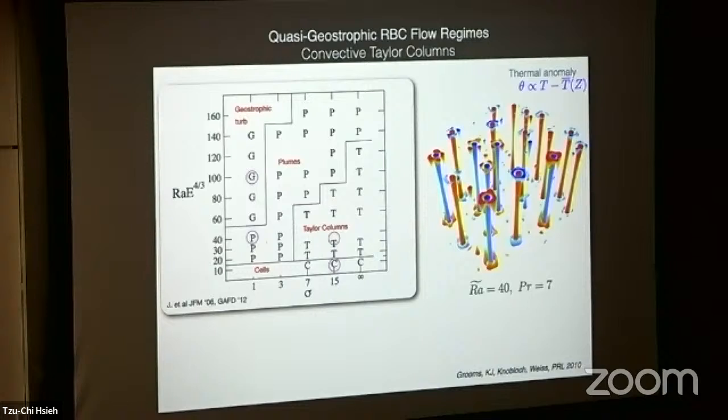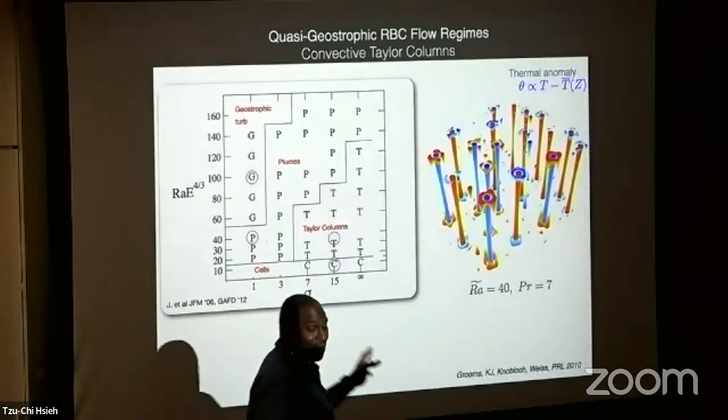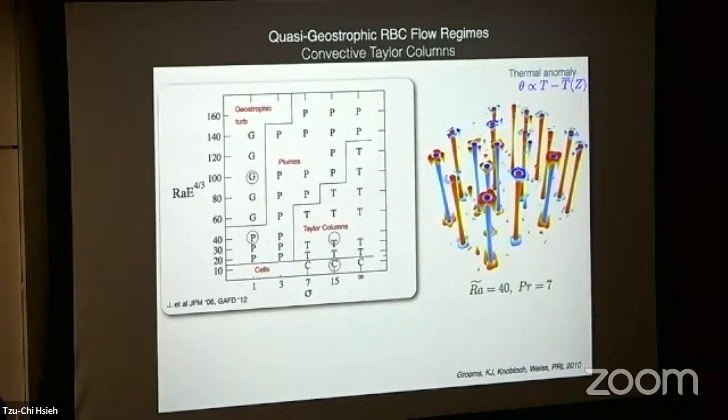A boundary layer instability here becomes a zone of high propensity to hook up with a boundary layer instability at the bottom, and they form what we call convective Taylor columns. The fluid loves this because these are direct heat conduits from the bottom to the top. If the purpose of the fluid is to transport heat efficiently, this is a structure it would like to form.